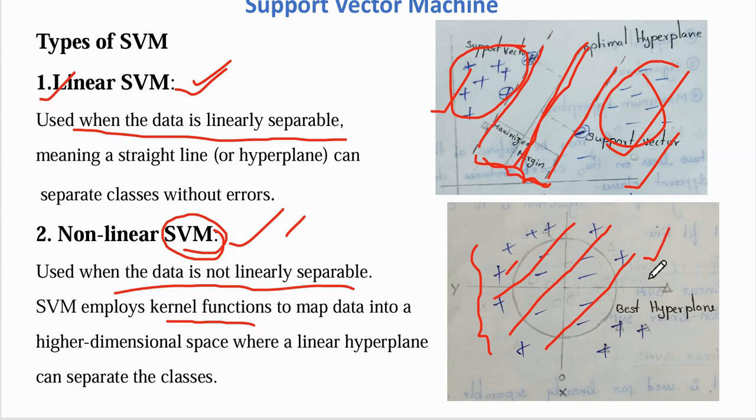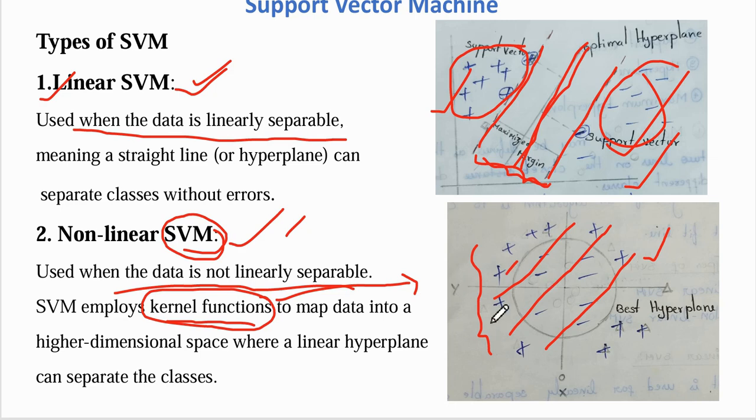To solve this non-linear data, we use the non-linear SVM, with the help of the concept called the kernel function. What the kernel function does is map this low dimensional data into high dimensional data.